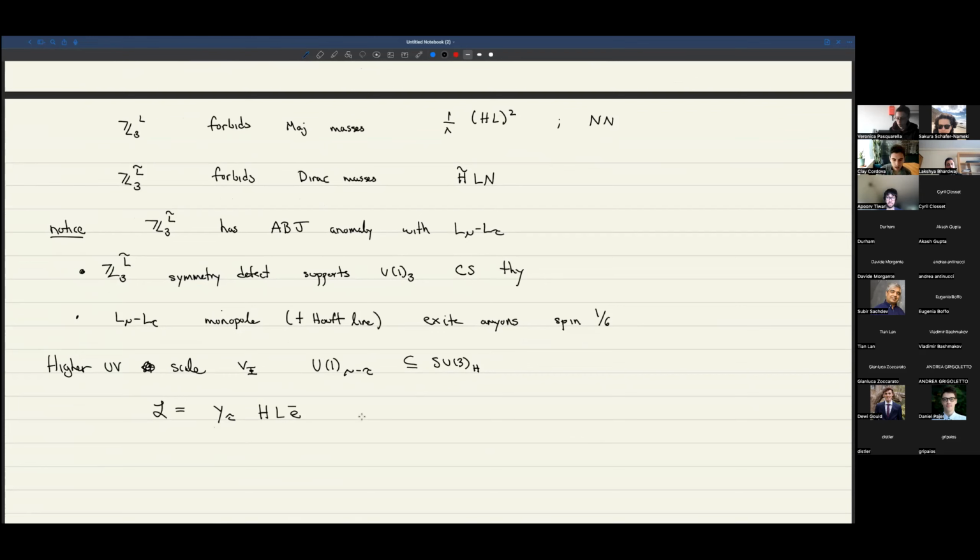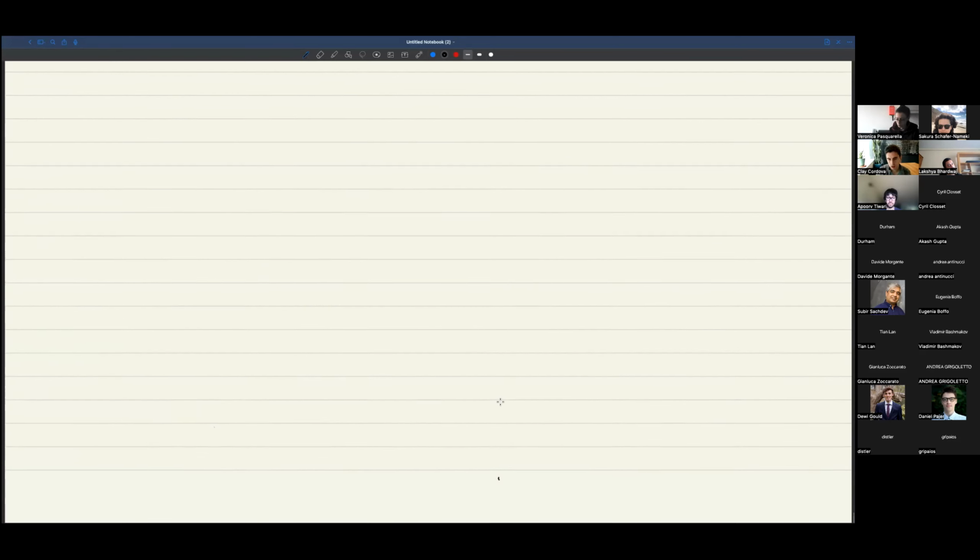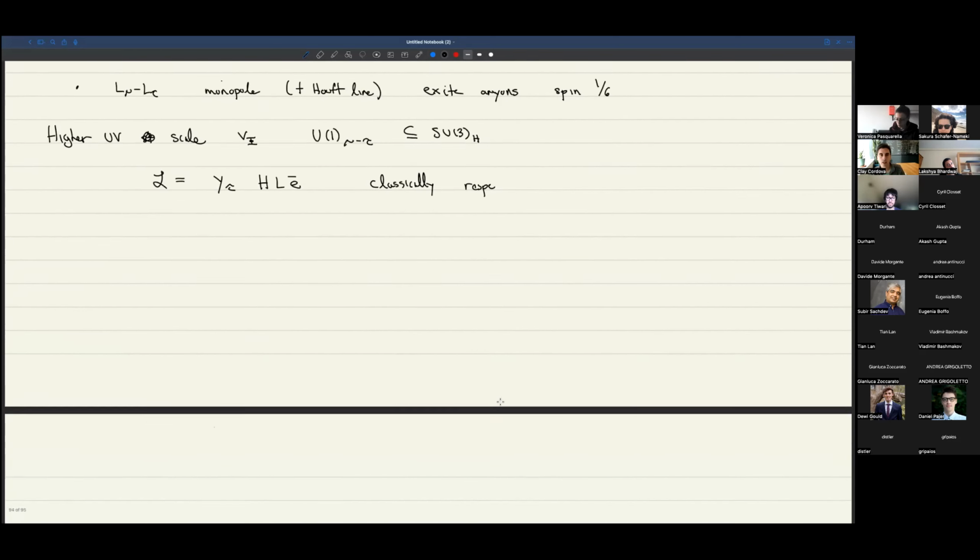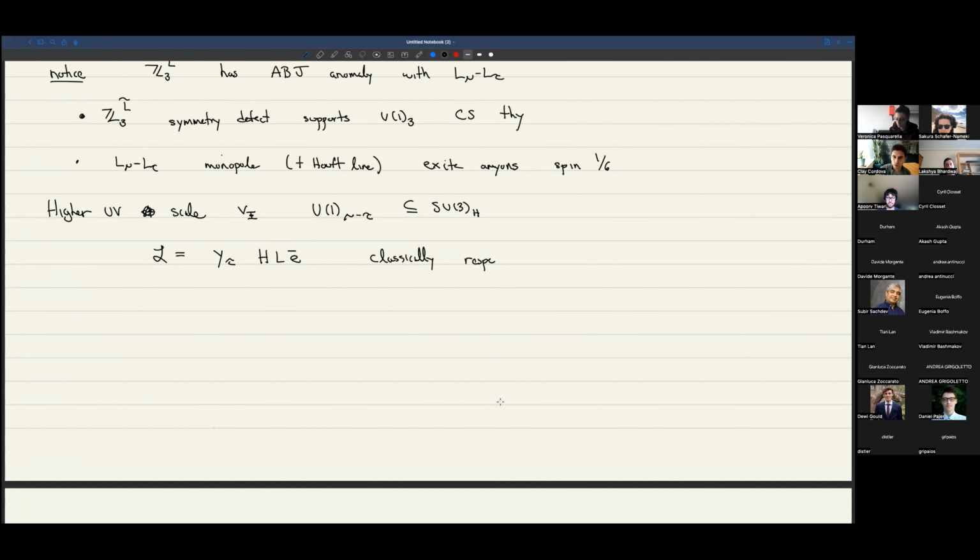This interaction classically respects the Z3 L times Z3 L tilde symmetry that I was highlighting before. But now, because of this Higgsing, there are dynamical monopoles.